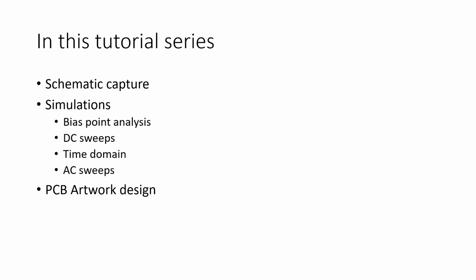Then we have time domain analysis, which we also call transient analysis. It's when you start providing voltage to the system. As soon as you supply or allow your circuit to run, you look at how the voltages, currents or power dissipations vary over time.